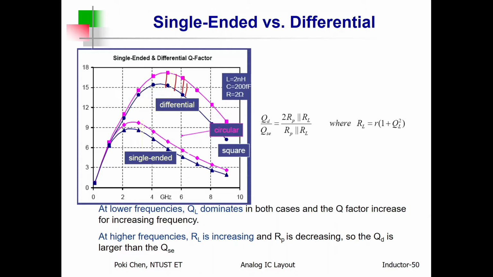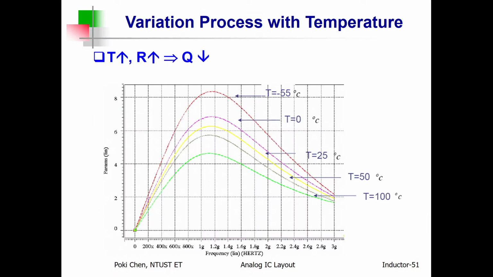Again, circular is a little bit better than square, but not too much. So my recommendation is still octagon, which is the best for you. You don't need to waste a lot of time on layout, but the performance is very close to circular. Okay, that is what I would like to mention.